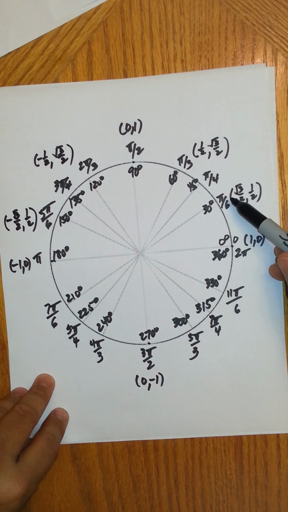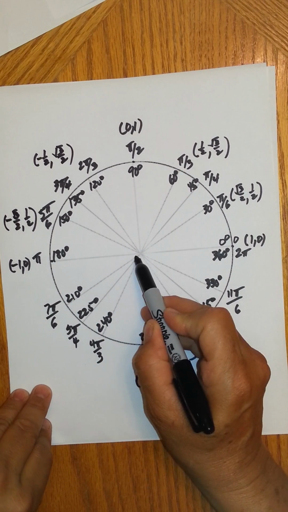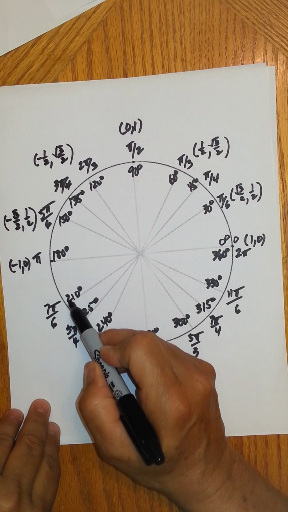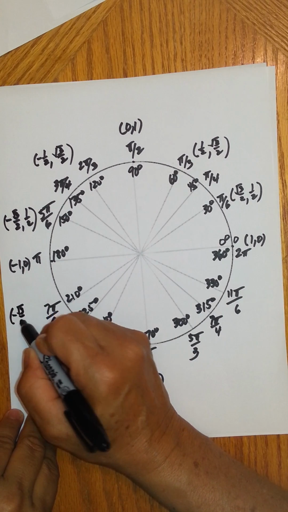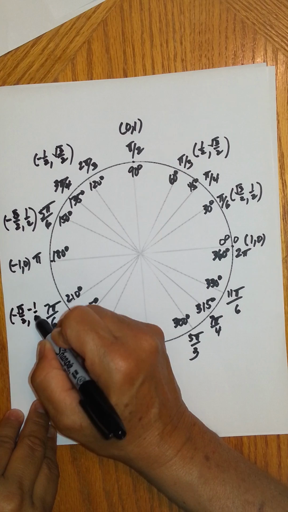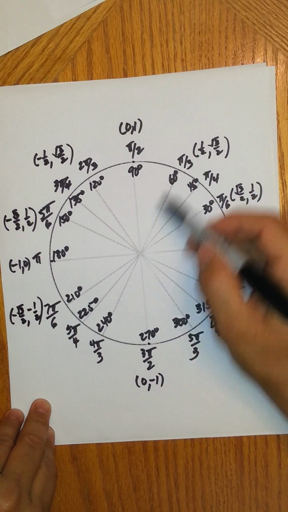So now I can reflect everything here. This is the equivalent of the 30 degrees. So I go over a lot in the negative and down a little in the negative. So this is negative square root 3 over 2, negative a half. Whereas here at the 240 is the reflection of the 60 degrees.